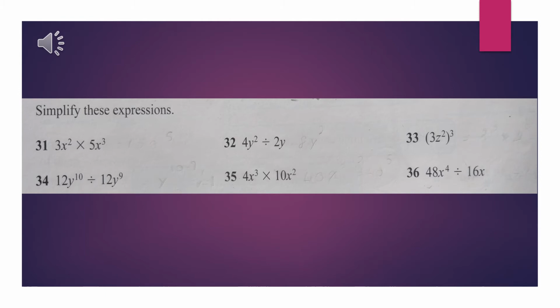I can remember in the lower Form 5 there was one question where most of the students left 3 to the power 3 and put the answer as 3z to the power 6. So questions 34, 35 and 36 are also examples of the laws of indices.